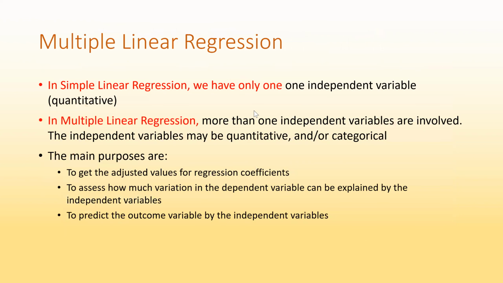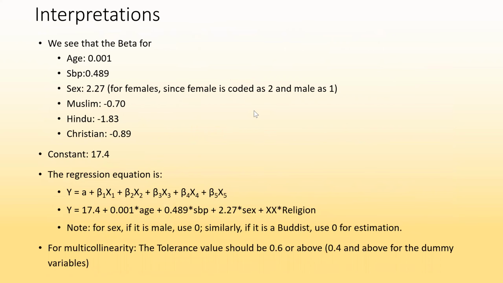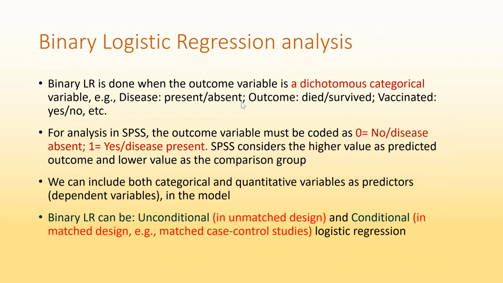I said that we use logistic regression. It is also called binary because commonly the variable is a binary categorical variable. Binary means it has two levels, yes, no. It is also called a dichotomous categorical variable.